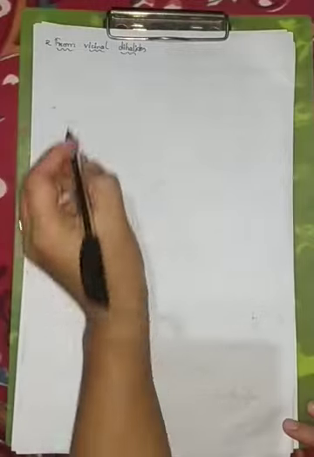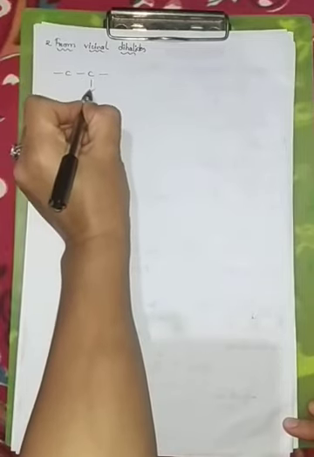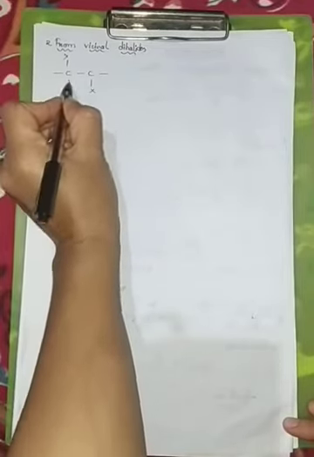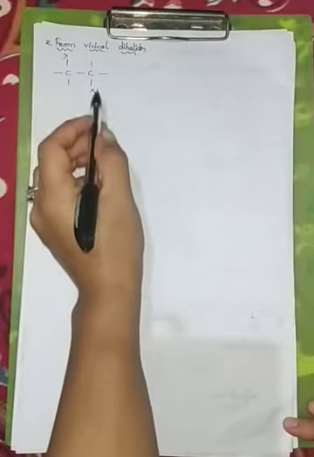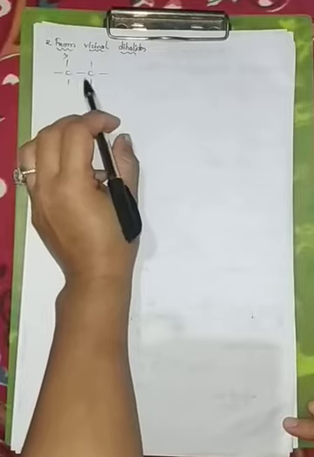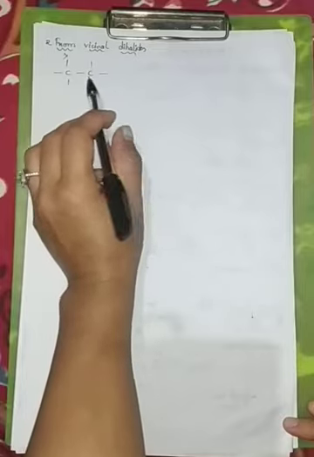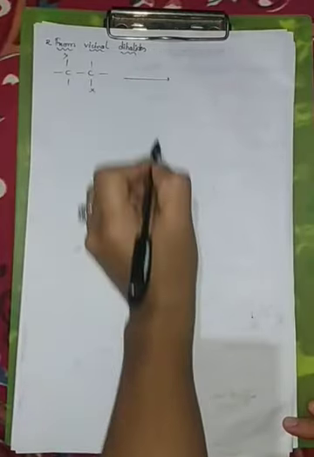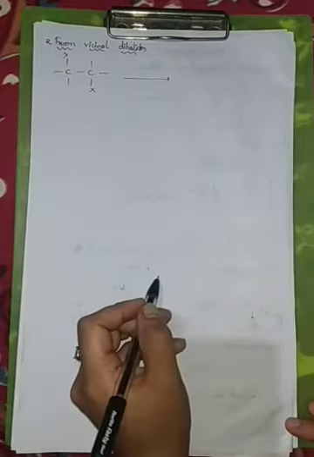Now let's check our second preparation method of alkenes, that is from vicinal dihalides. What are vicinal dihalides? Dihalides means 2 halogen atoms are attached here. Vicinal means the halogen atoms are bonded to 2 different, adjacent carbon atoms.